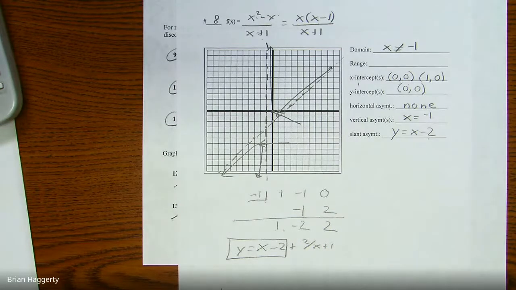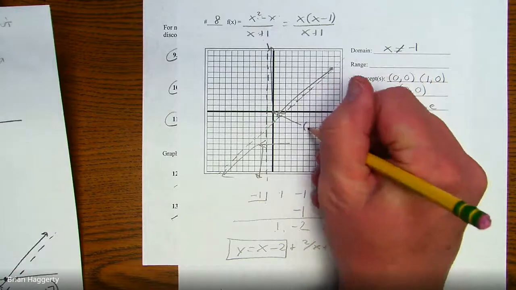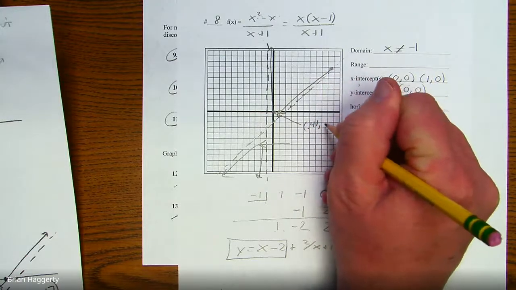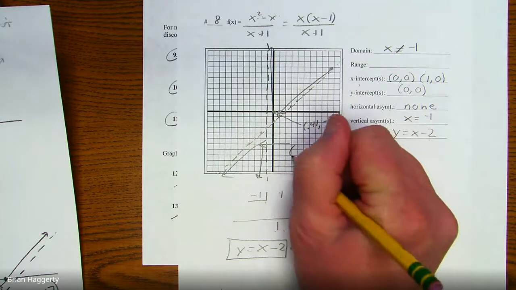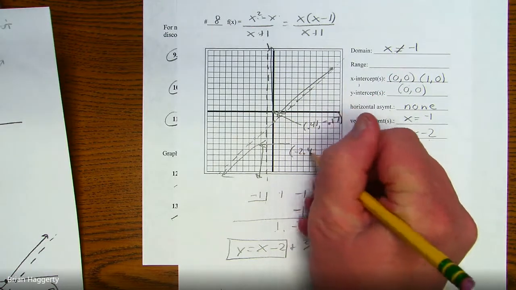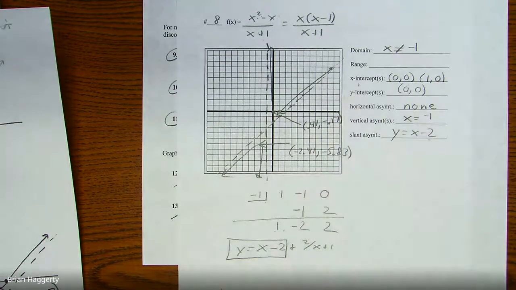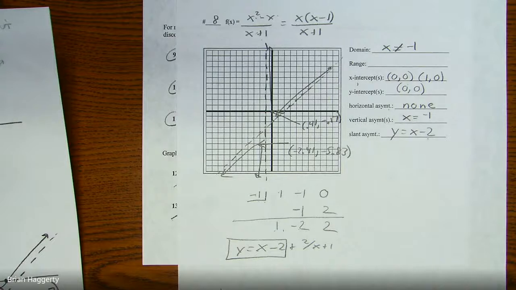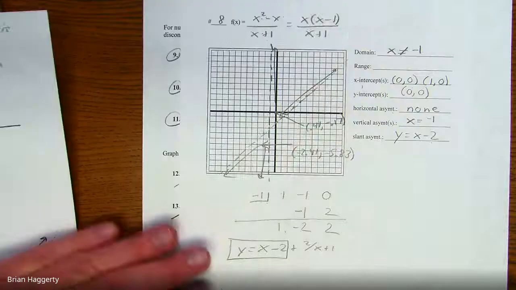In the interest of time, I already figured that out. This point here is at 0.41, negative 0.17. And that point there is at negative 2.41, negative 5.83. So using interval notation, smallest y to biggest y.